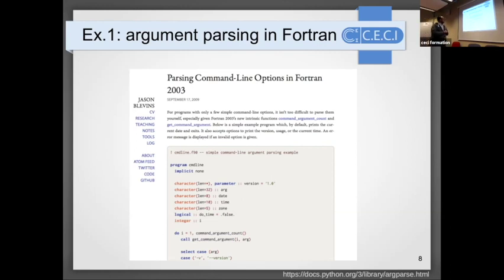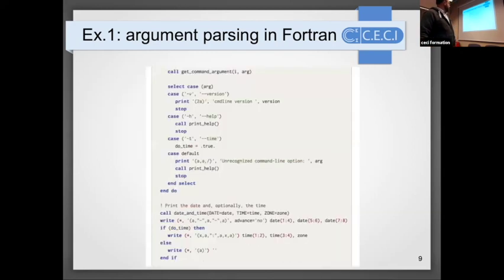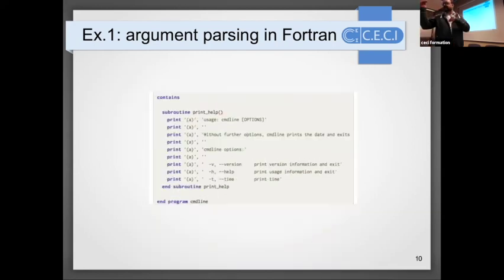Here what you see is a tutorial I found on the internet on how to use the method that he showed this morning to create the code that is necessary to read the arguments in the command line and then give some feedback to the user if the code is not correct and so on. So this is what it looks like. Basically it's 3 screens of Fortran code, just to parse the arguments.